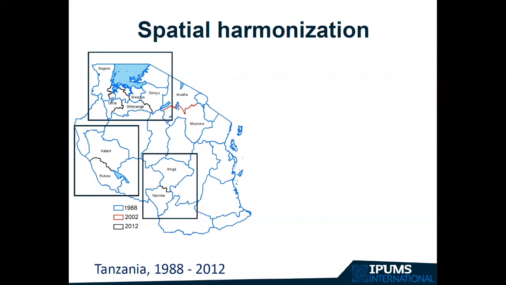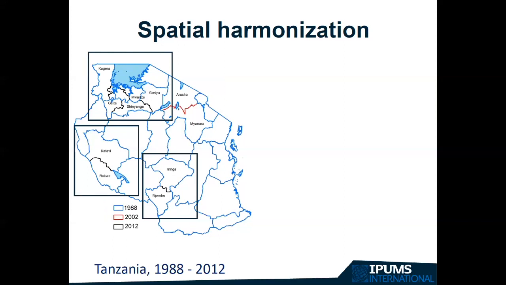Moving on to the next sample, I'm going to focus on the more intense boundary changes to the north of the country near Lake Victoria. Here, two new units, Gita and Simiyu, were formed from parts of Shinyanga, Kagera, and Mwanza. So even though we said Kagera and Mwanza exist for all the census samples, their spatial footprint has significantly changed.